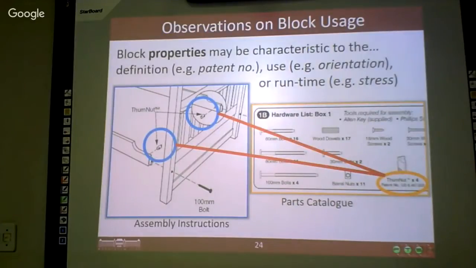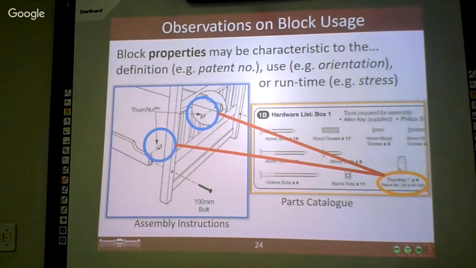Here we have some properties of this block, for example, the patent number and much other information. And when we use this element here and here, they will get some more characteristics, namely, for example, the orientation, how we used them.